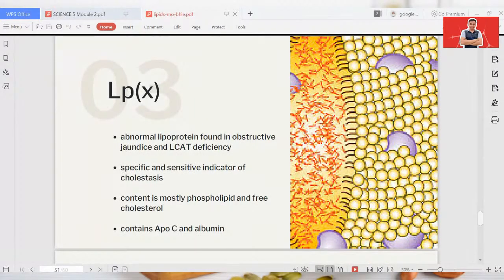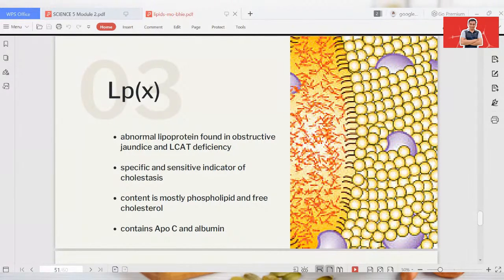Next is the lipoprotein X. Abnormal lipoprotein found in obstructive jaundice and LCAT deficiency. LCAT means lecithin cholesterol acyltransferase. So, ito ay in relation with lipoprotein metabolism.